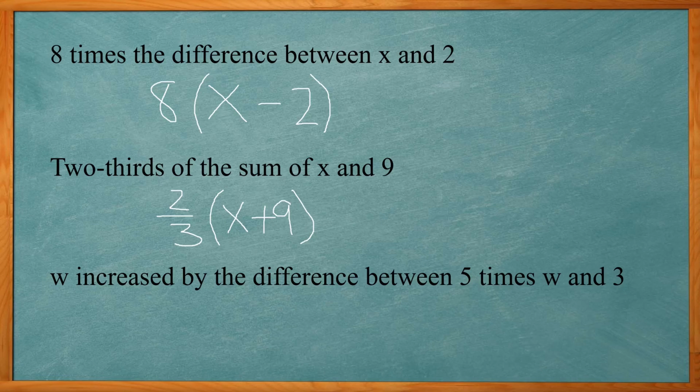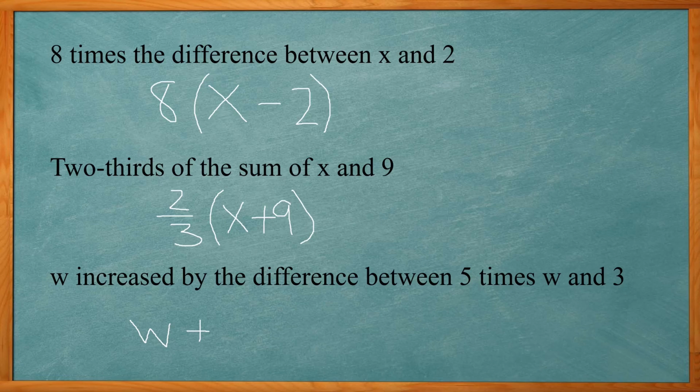Next one says w increased by the difference between 5 times w and 3. So we get w is going to be increased by, so that means addition. And the difference between 5 times w and 3. So we got a lot of things going on there.